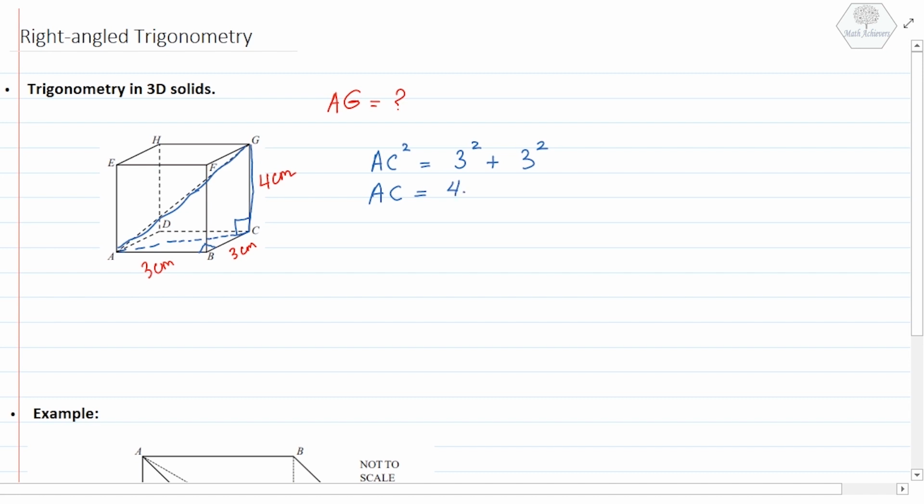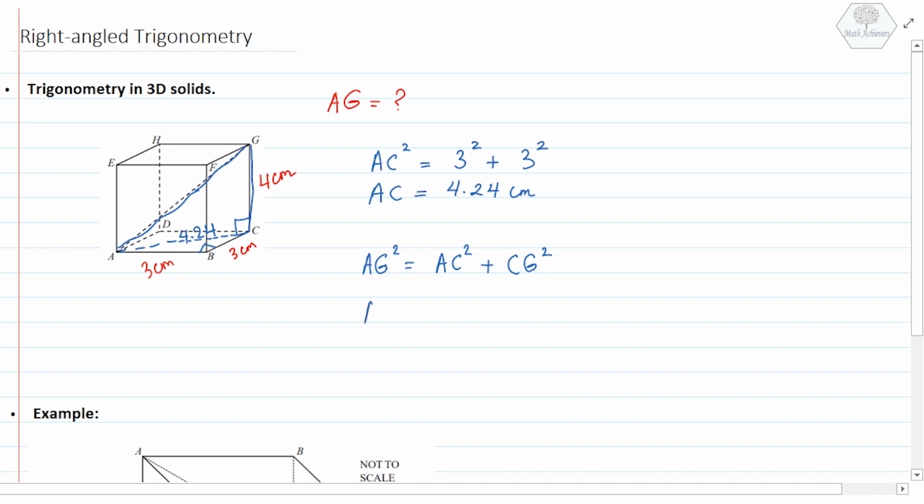AC is 4.24 centimeters. Now I know that AC is 4.24. Now I can use the triangle ACG in order to find the length of AG. Also, I will use Pythagoras again, having AG squared is equal to AC squared plus CG squared.